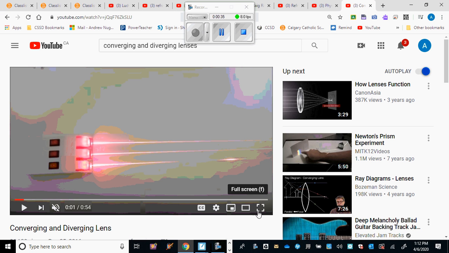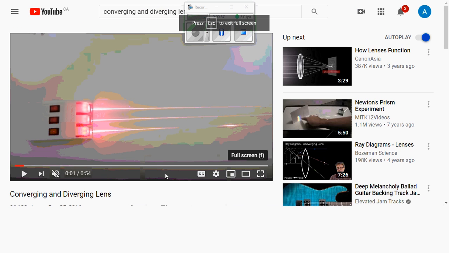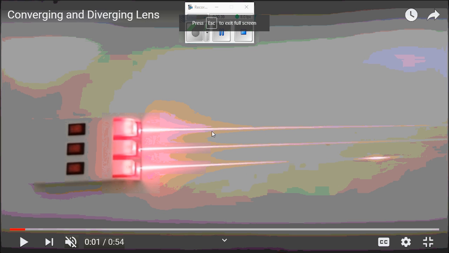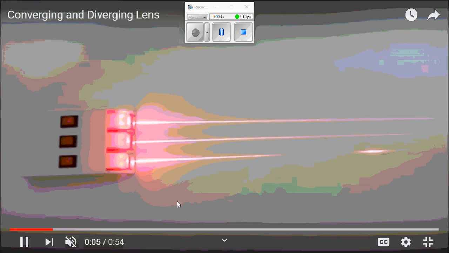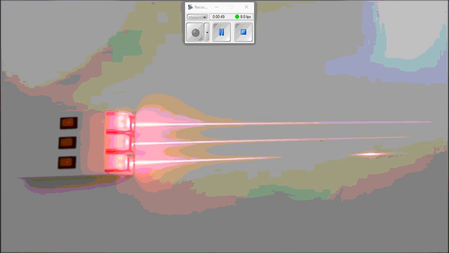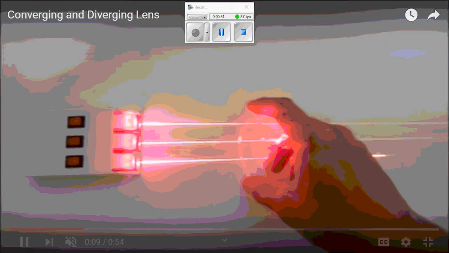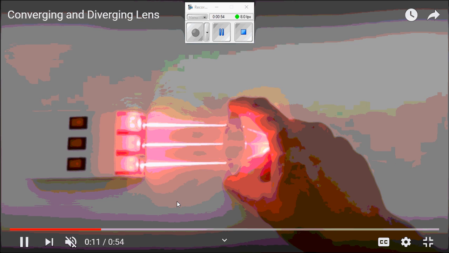I would demonstrate this to you live if we were in class. And so here's three light beams all traveling parallel to one another. Let's play the video. The person is going to put a convex lens in front of it, and you'll see it has the purpose of converging the light rays.